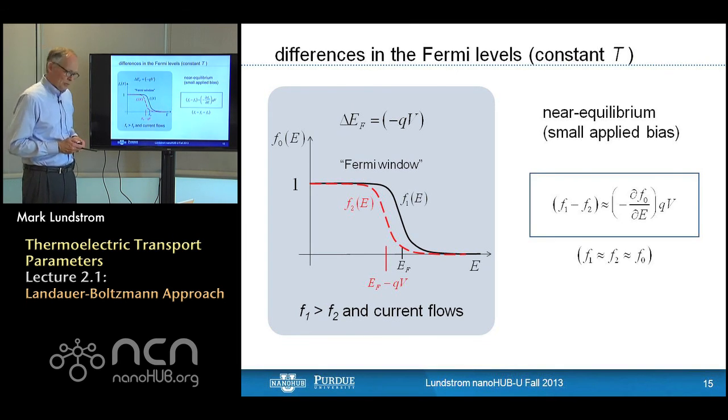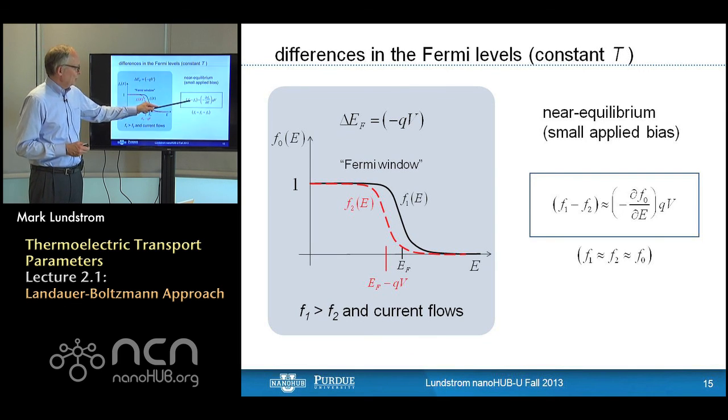Okay. Now, as Professor Dada discussed, if we apply a small voltage, and in the thermoelectric problems that we'll discuss for the most part in this week, we'll simply be talking about small applied voltages, then F1 minus F2 can be expanded in a Taylor series. And you would guess that this difference is going to be proportional to the small voltage that you apply. And indeed, that's the case.